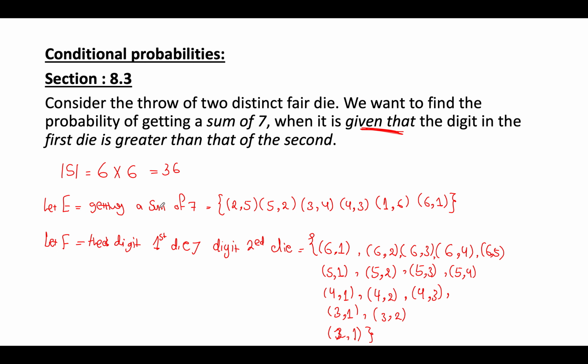Let's go back to E and F. Here E is getting a sum of 7, and F is the first bigger than the second. The intersection of E and F is: you can see 5 and 2 is here, 4 and 3 is here, and 6 and 1 is also here.